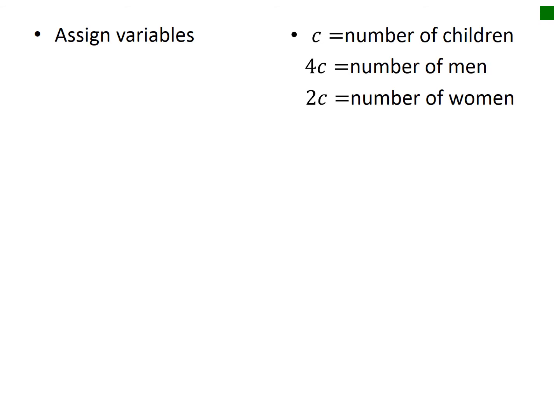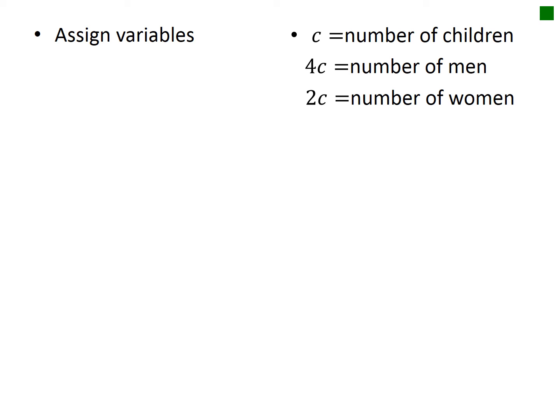In this problem, we're not looking at geometry like we have so far, but we're looking at a relationship between the number of men, women, and children in the group. And so when we go to assign our variables, we're going to begin where C is equal to the number of children. The only reason we make that decision is because the number of men and the number of women in the problem are expressed in terms of the number of children.